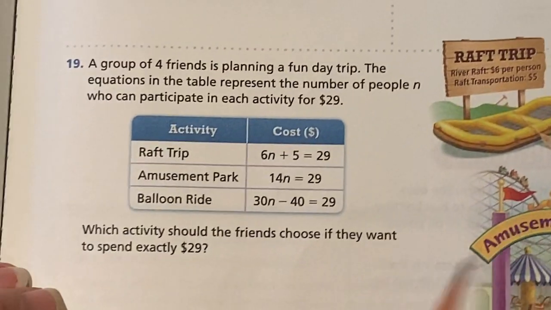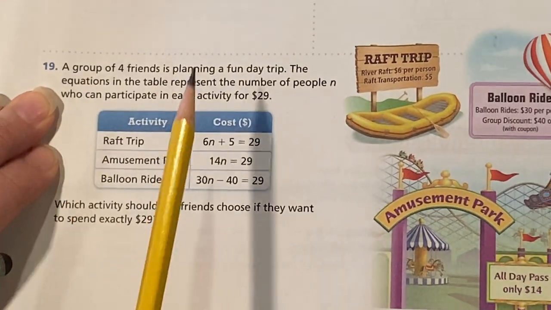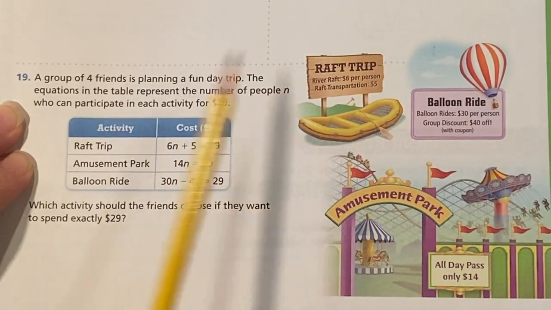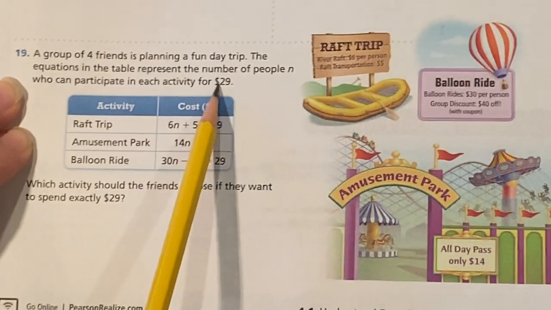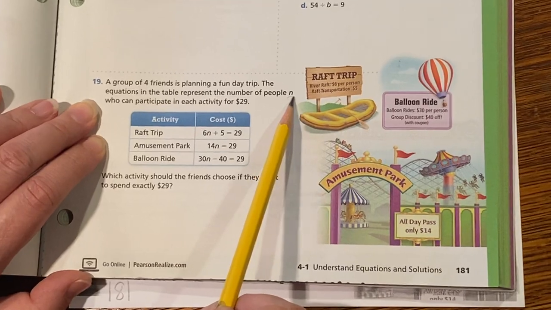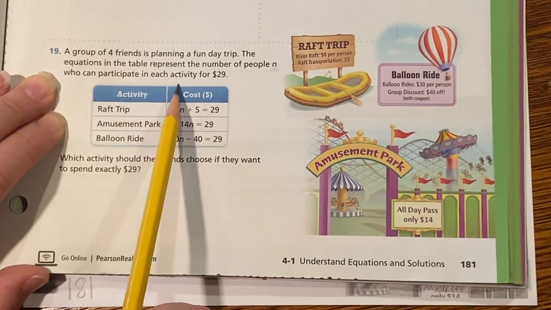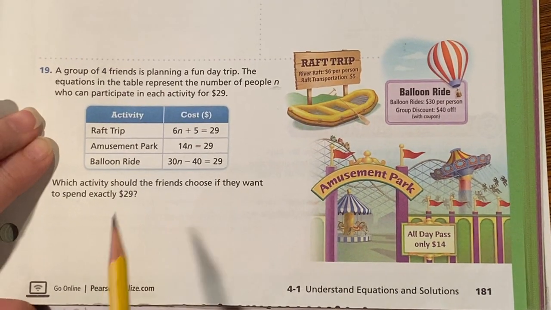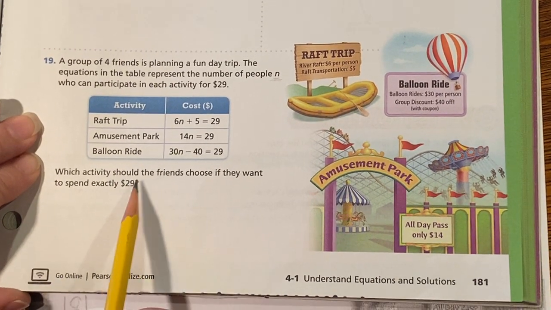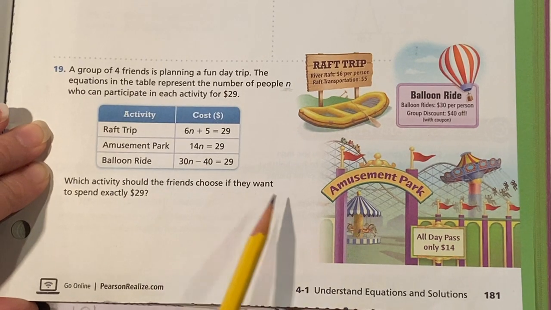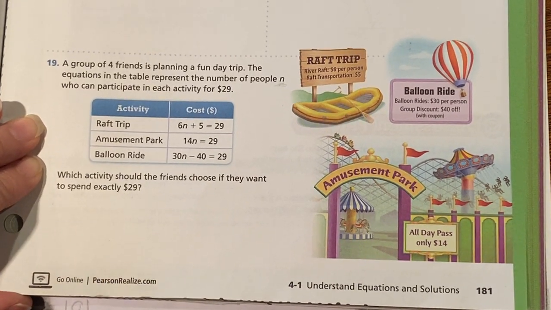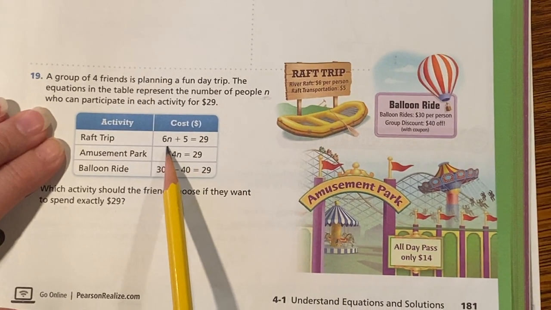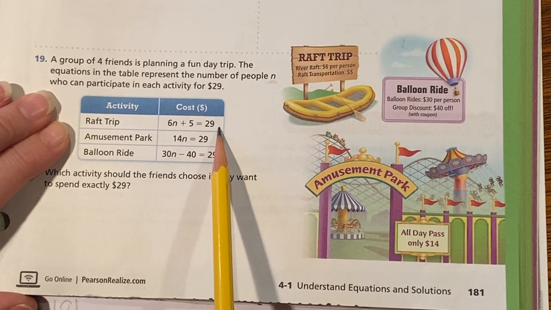Now, number 19, you've got a group of 4 friends. They're planning a fun day trip. The equations in the table represent the number of people, n, who can participate in each activity for $29. Which activity should the friends choose if they want to spend exactly $29? There's a raft trip, which is 6n plus 5 equals 29.